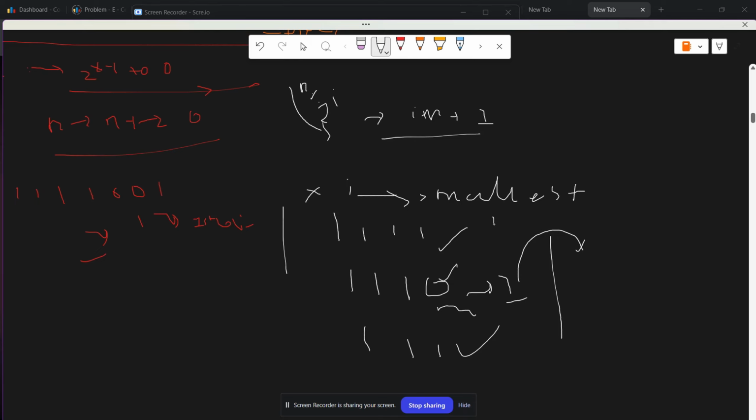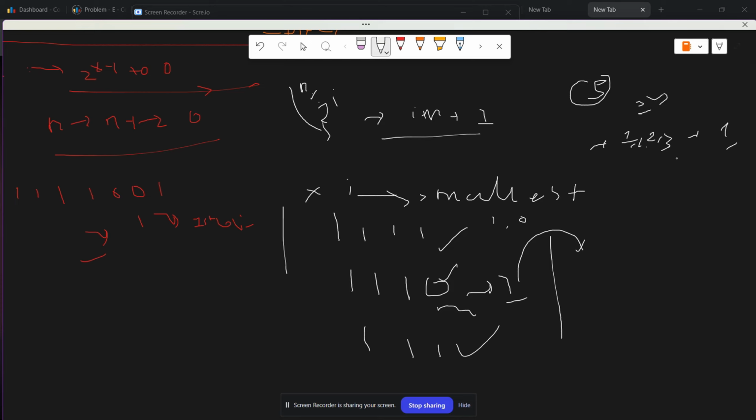For some it should be 0, for some it should be 1. Let's say for the third place, in the first, second and third elements, if your array has 5 elements, I have 1, and in the fourth and fifth I have 0.